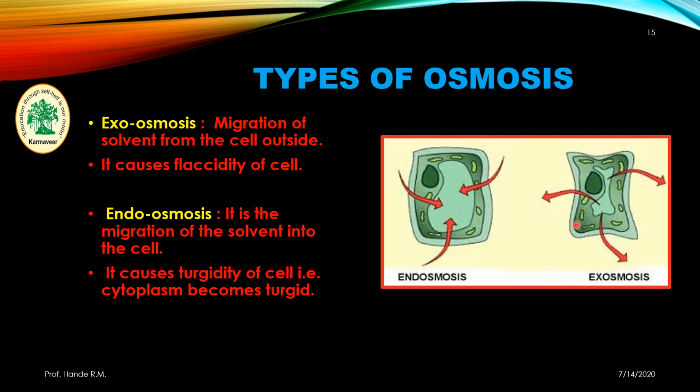This cell is flaccid, and endoosmosis occurs due to the turgidity of the cell. This cell is turgid. Endoosmosis means solvent migrates into the cell, and exoosmosis means solvent migrates from the cell.